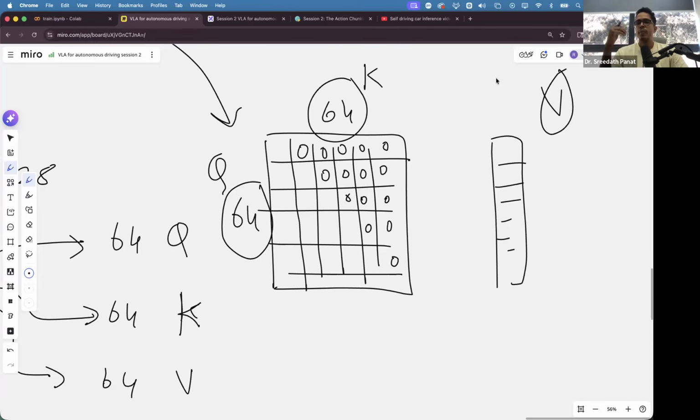The reason is we are not predicting the next token. We are not predicting the next image. We want to make sense of all the different tokens that are there in the image. It's not like here we are trying to create a new token, unlike in language. So peeping into the future is not allowed there. So here we don't need masked self-attention. We just need self-attention.